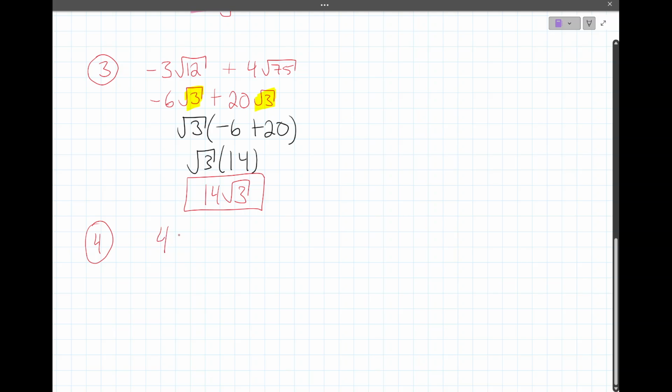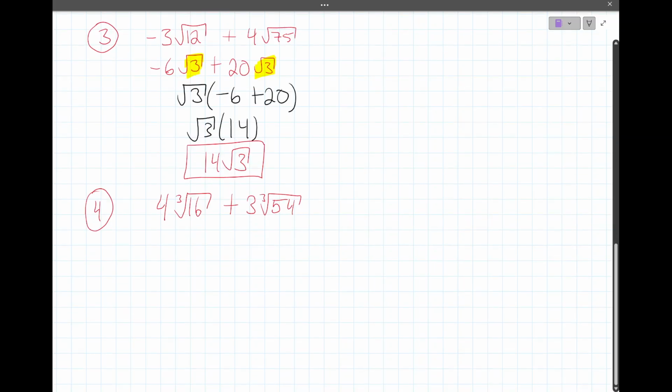Okay, so 4 cube root 16, and we're going to add 3 cube root 54 right there. And now we just have cube roots. Same business. 8 and 2, 8 is the perfect cube, so that comes out as 2. So I'll get 8 cube root 2 left over, plus, and then 54, that's 27 and 2.